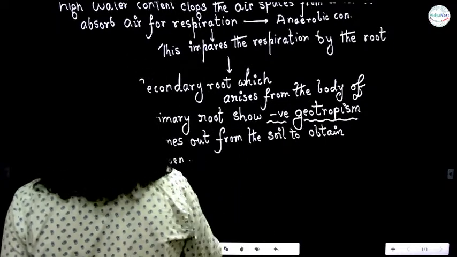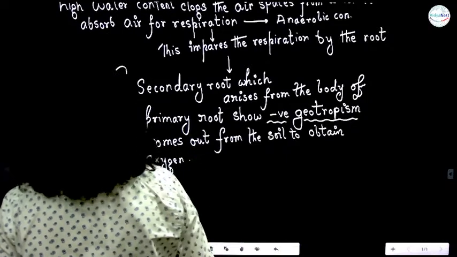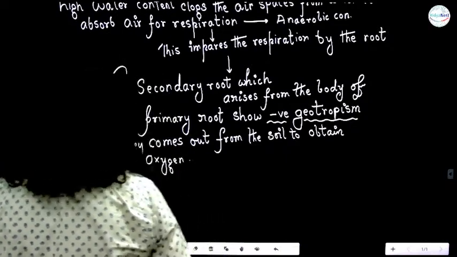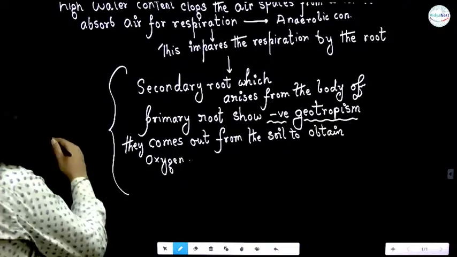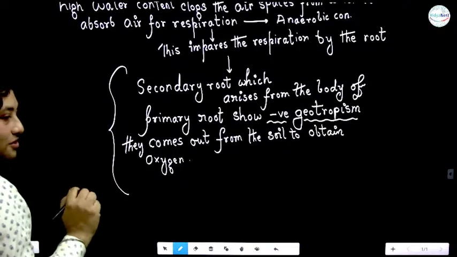This is very important. Why? Because we have studied that roots are always positively geotropic. So this is an exception to the characteristics of the root.